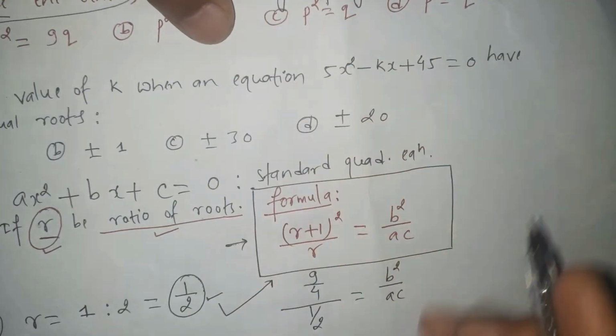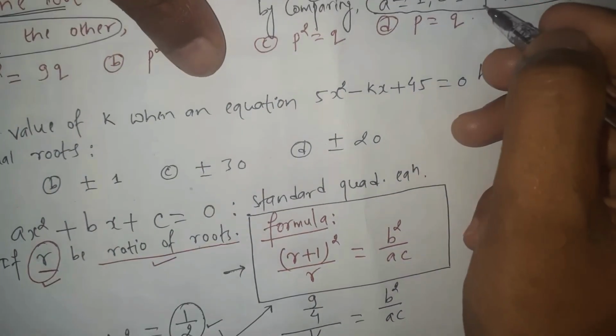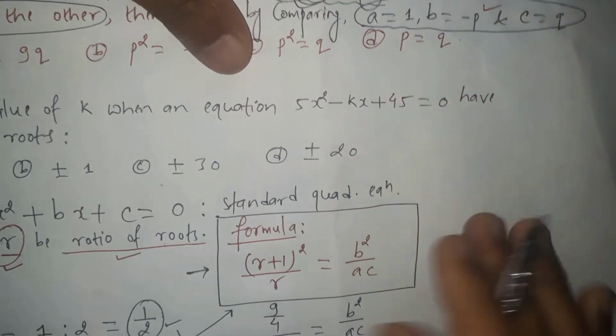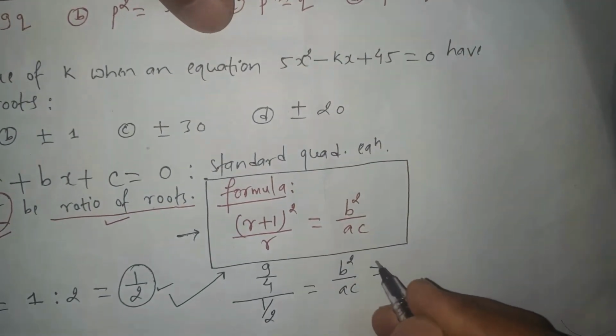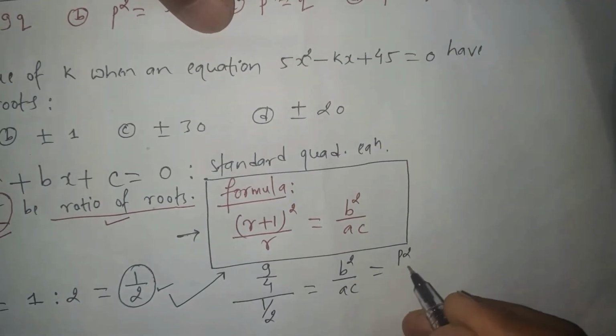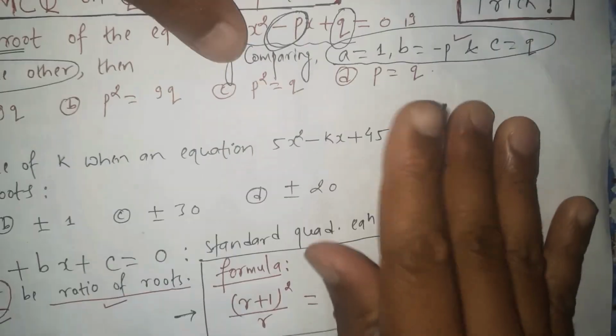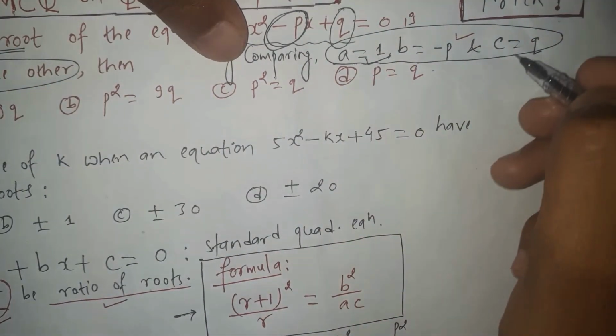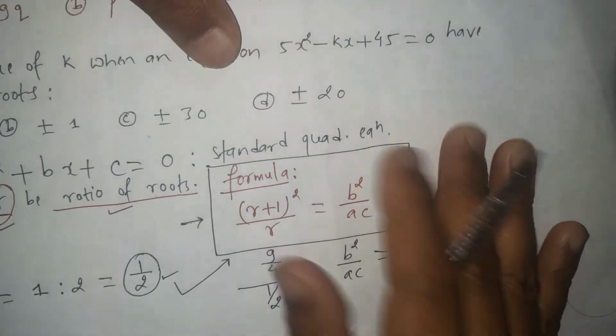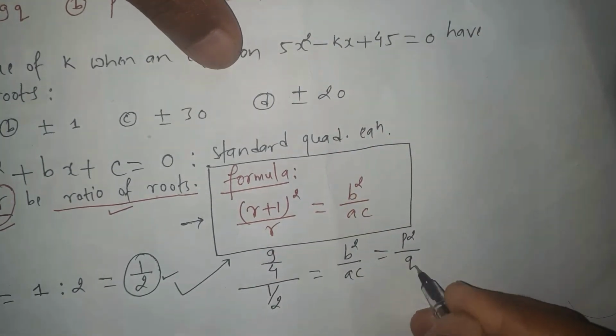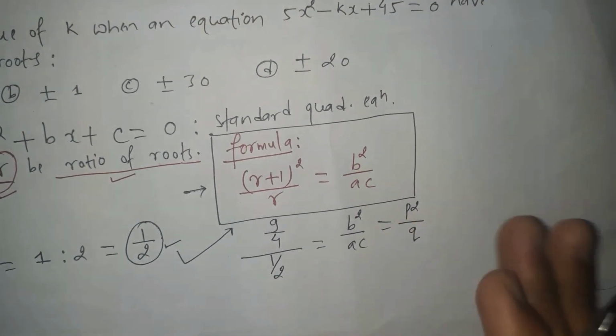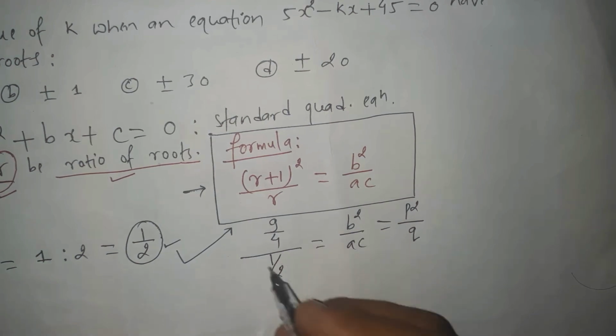a is just 1, b is negative p, negative p square is just p square over a, which is 1, and c is q. So a times c gives q. Let's rearrange this term.